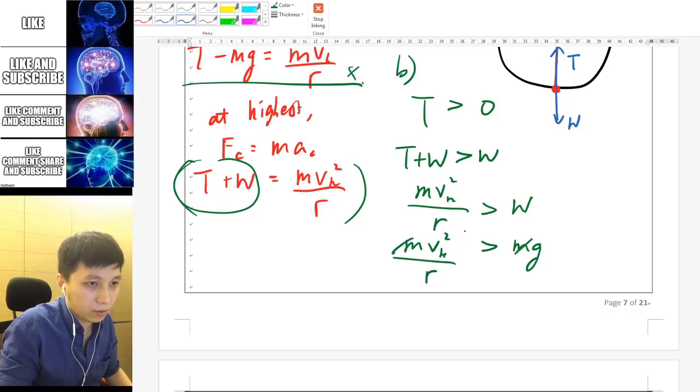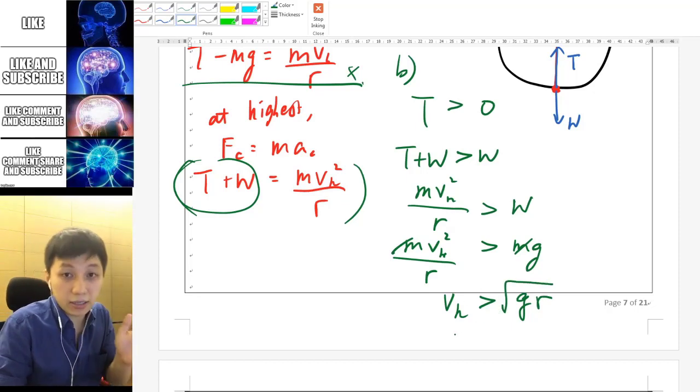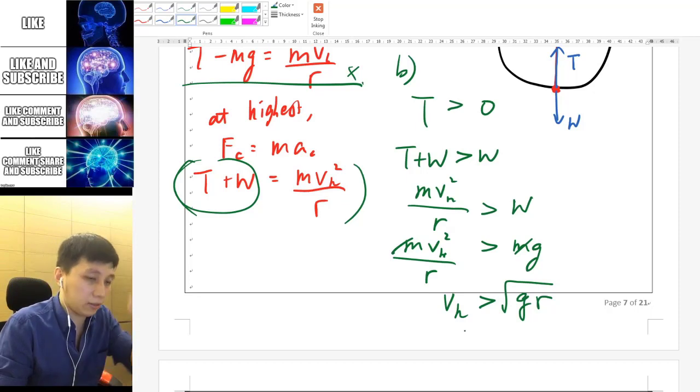M will cancel out, and so V at the highest point would be equal to the square root of G times R, just GR. So this is the speed that you will have at the top.